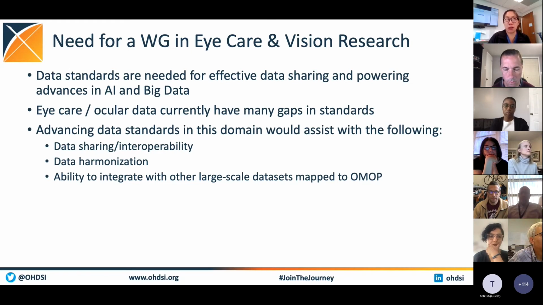In fact, the American Academy of Ophthalmology has developed the IRIS, or Intelligent Research in Sight, Registry, which is a clinical registry, and I believe one of the largest clinical registries out there, but it is not mapped to a common data model, and so it's really difficult to harmonize that data with data that might be available in other data sets.